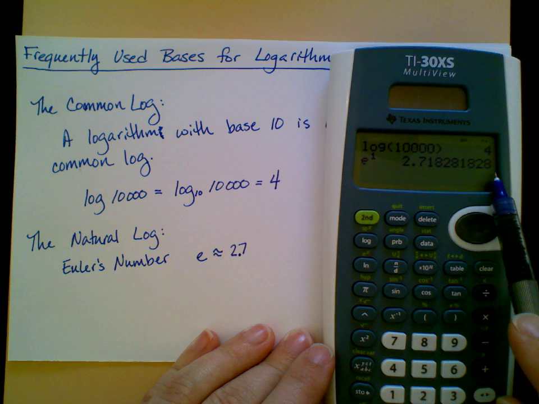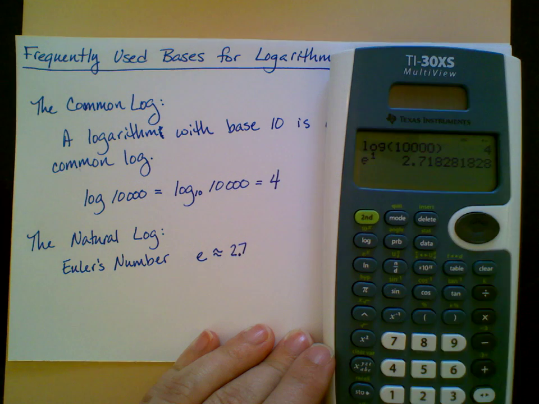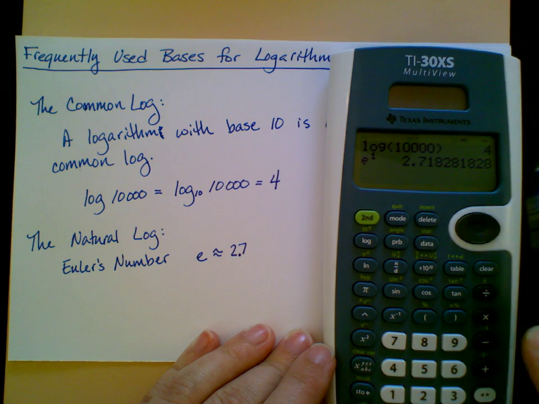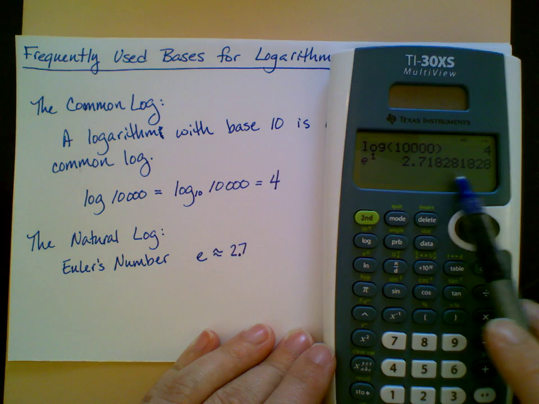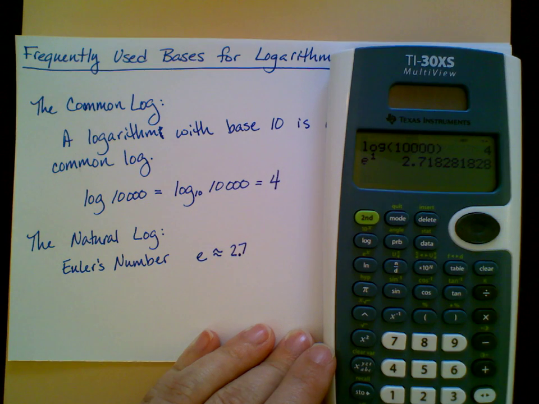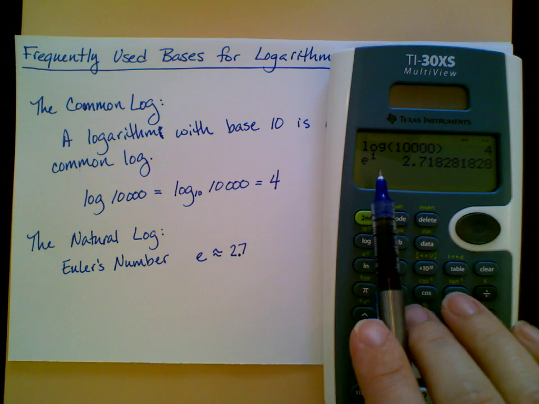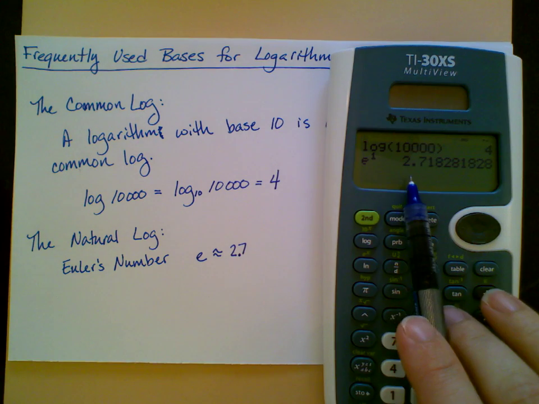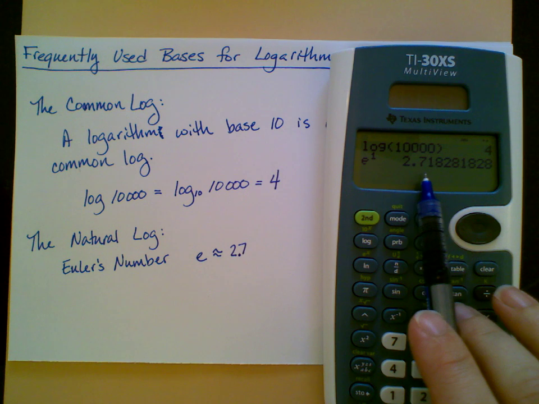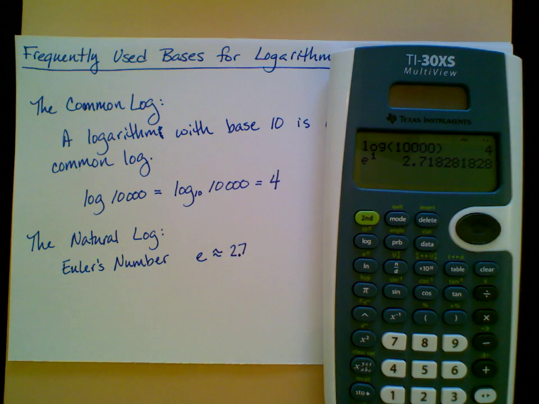It does not repeat after that. It is an irrational number and it doesn't repeat forever. So I just don't want anybody to think that that repetition keeps going. But I will expect you just to know that it's approximately 2.7. You don't have to memorize more decimal places than that.